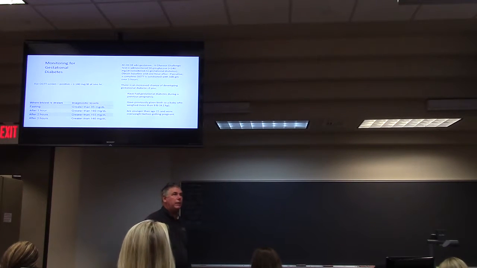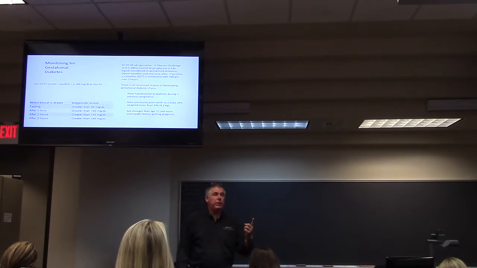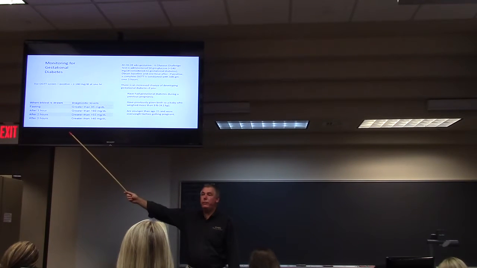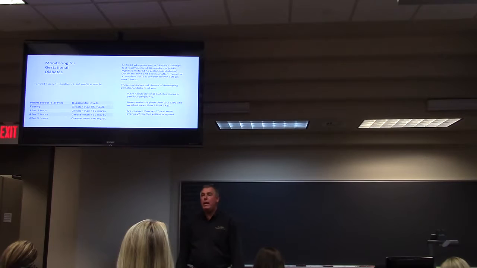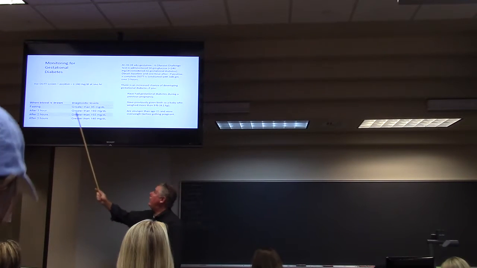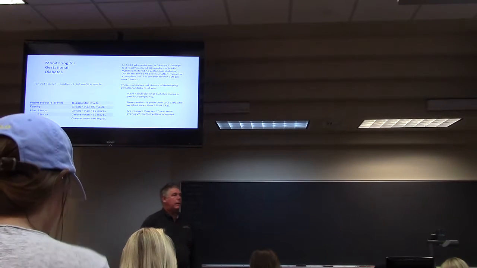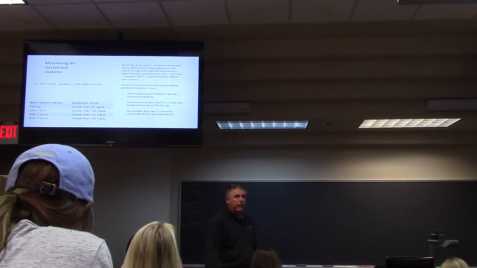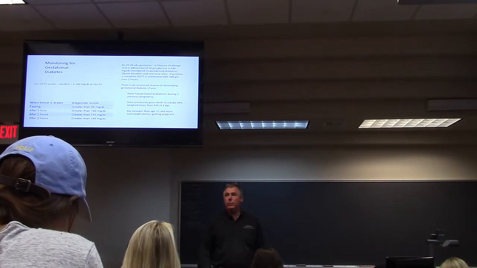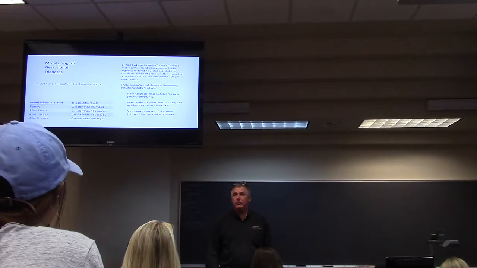And then you measure that at 0, 1, and 2 hours, and sometimes people will go out to 3 hours. If any one of these values is higher than the minimum reported there, then it's considered positive for gestational diabetes.